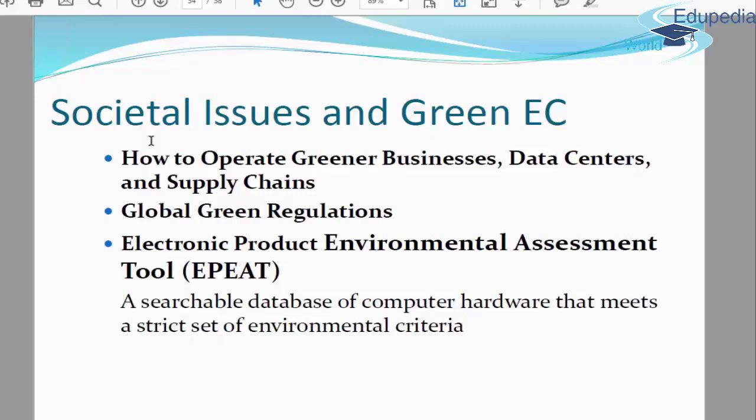So just to make sure that you comply with the norm of the society where you're living in, try to research what kind of green business practices are happening around you, and try to adopt them.